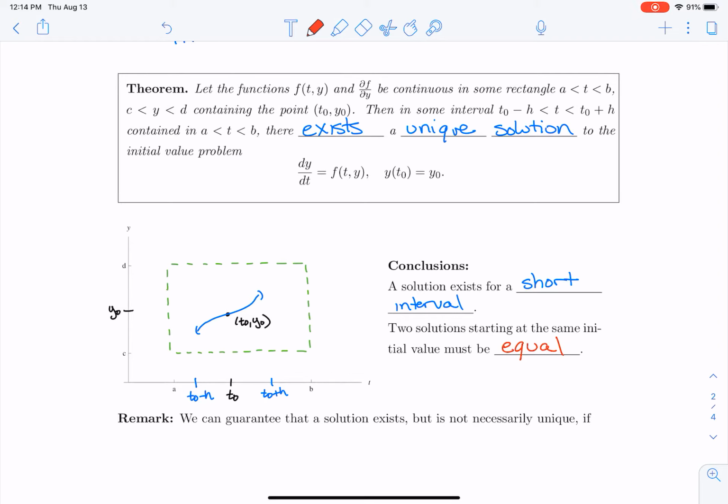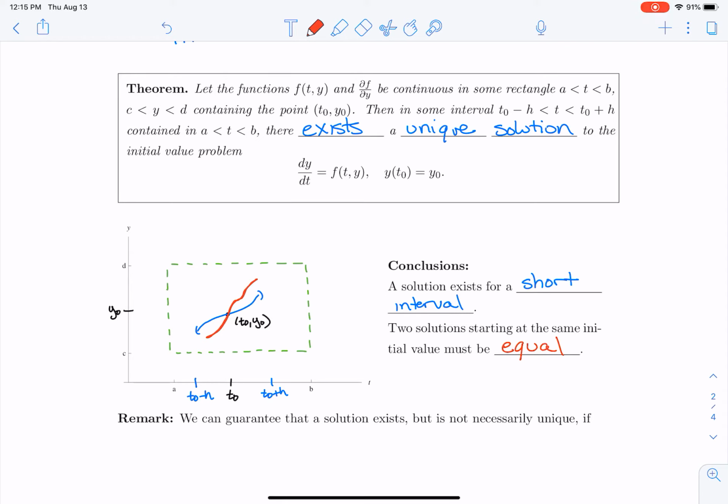So what that means is if I was to try to start another solution here, let's say that I was able to find another solution, I actually shouldn't be able to find another solution there, because no solution should be able to cross that initial value. Okay, so what I've drawn in red cannot happen.